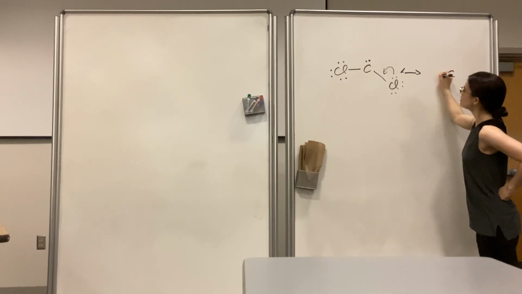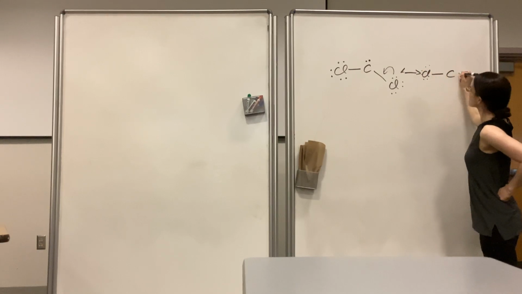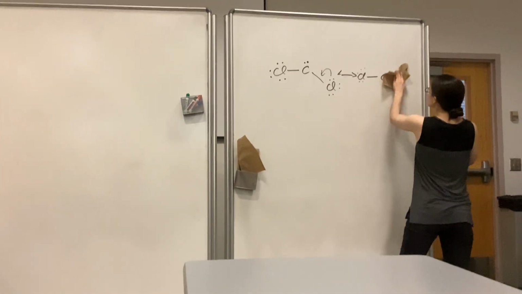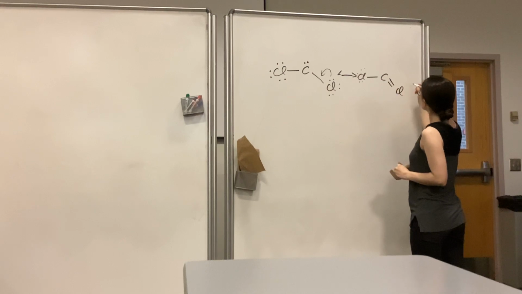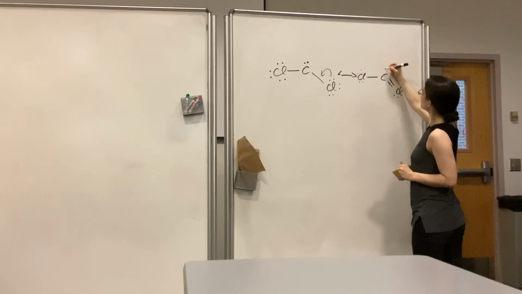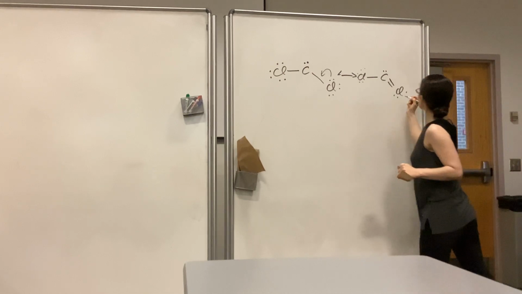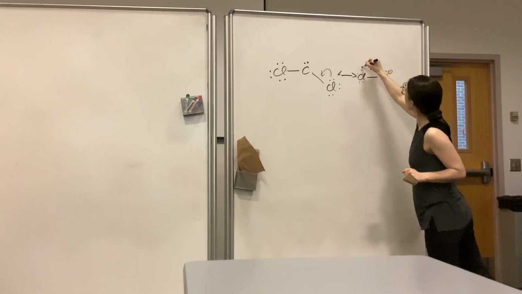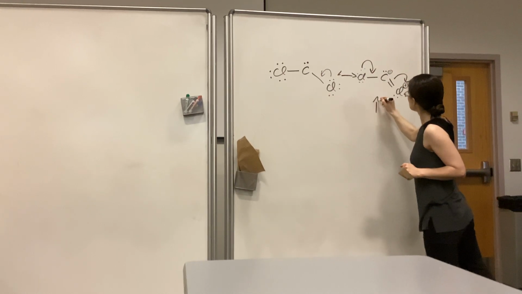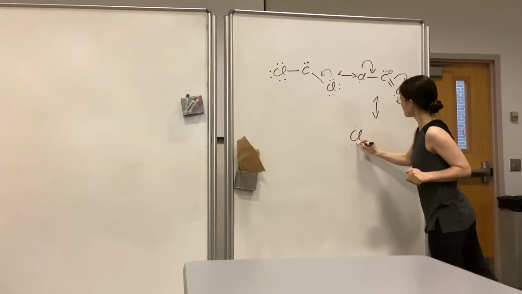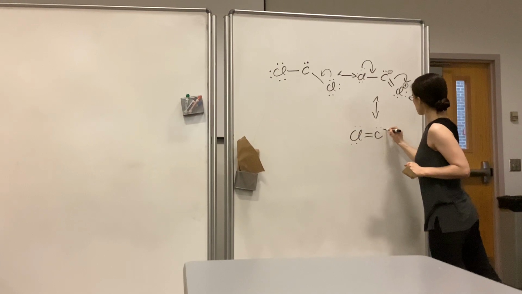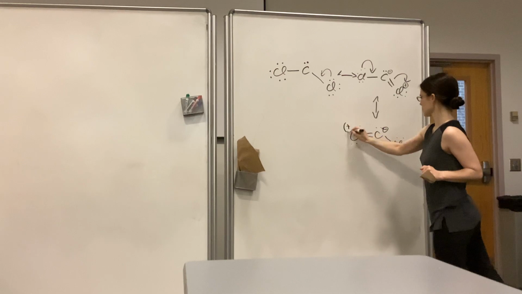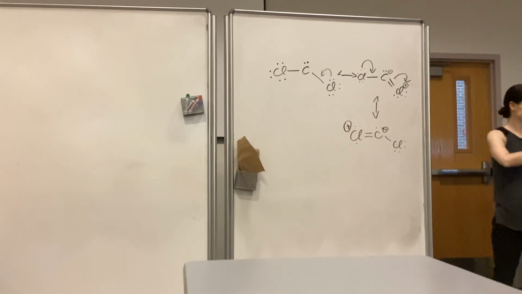So we can have some valence that looks like this. Let's keep it bent. We can have that, and we get a plus charge here, a negative charge here, and then we can go back the other way, put that back, and we can have resonance.